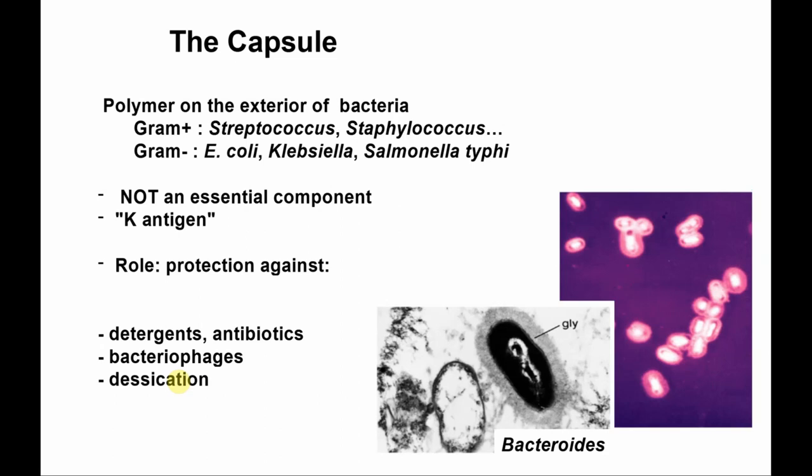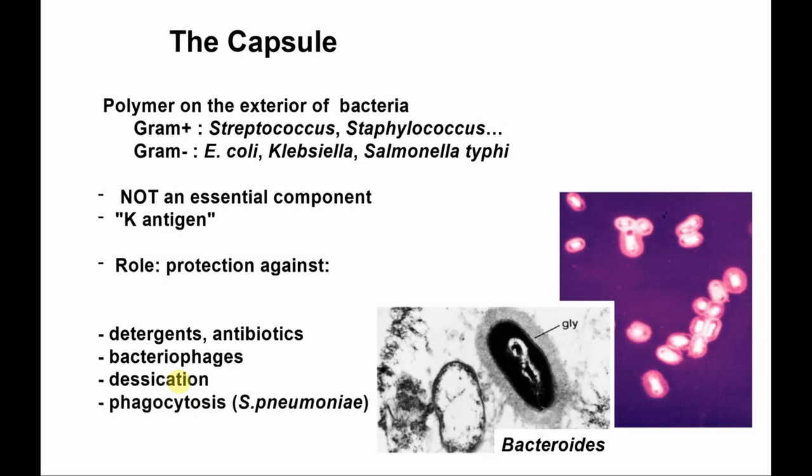Another function is to protect against the bacteria drying out. If bacteria are growing on a surface, sometimes there'll be water available, sometimes it will dry out. And because these are made mostly of polysaccharides, they tend to retain water. So it can help bacteria to survive if the water dries out.